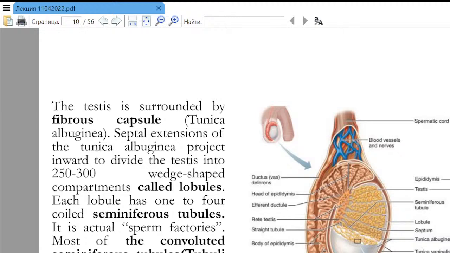Each lobule has one to four coiled seminiferous tubules, the actual sperm factories. Most of the convoluted seminiferous tubules, tubuli seminiferi contorti, are looped like a hairpin.